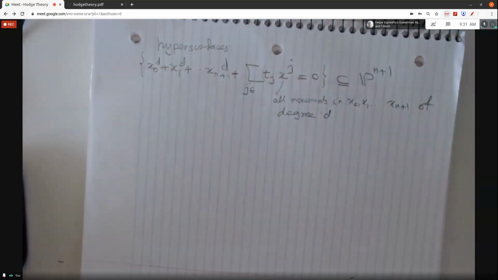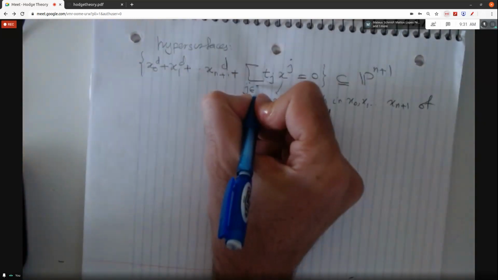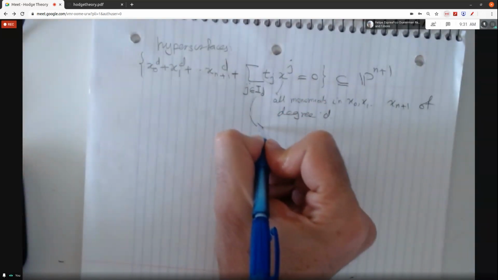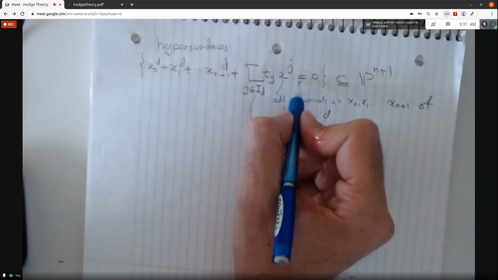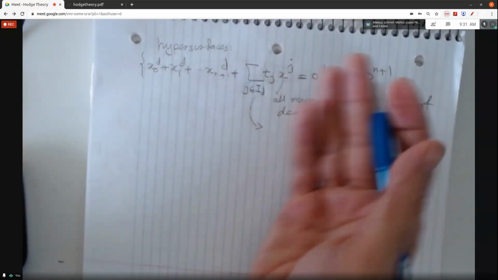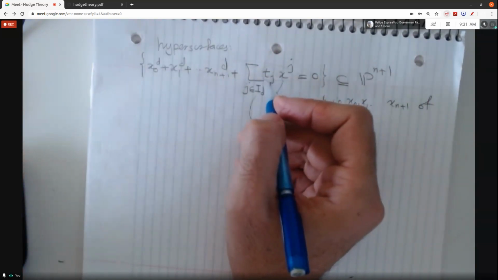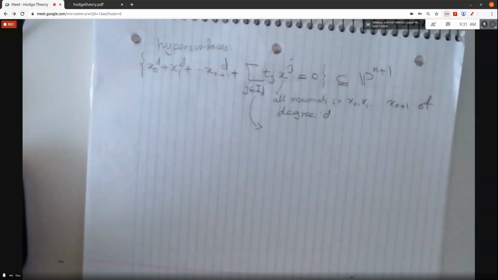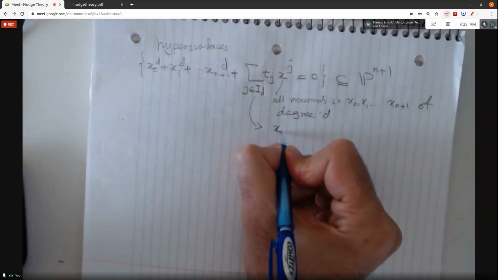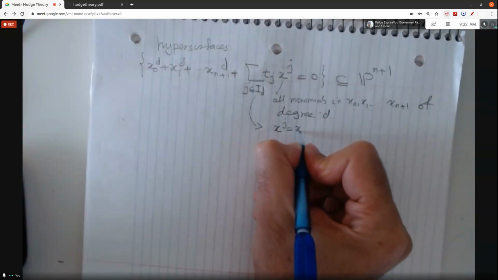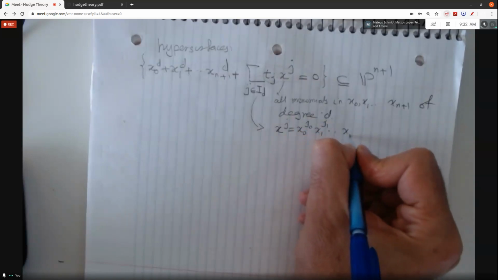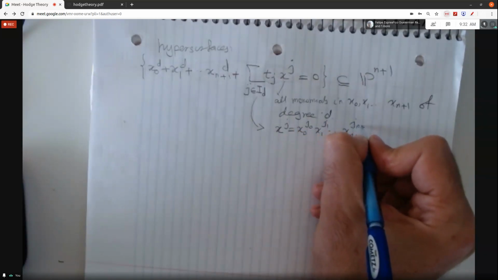Well, if you want the space of all hypersurfaces of the same degree, then this is this one. But for our purposes, it turns out that we can cut out some monomials. Let me say which monomials we can cut out. So let's say our G0, x1, G1, ..., xn+1, gn+1.